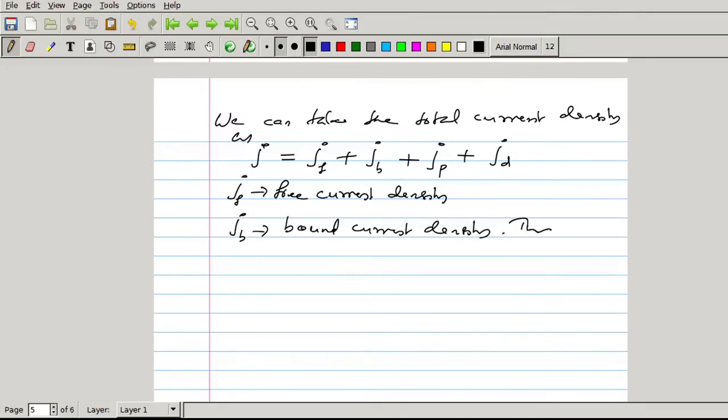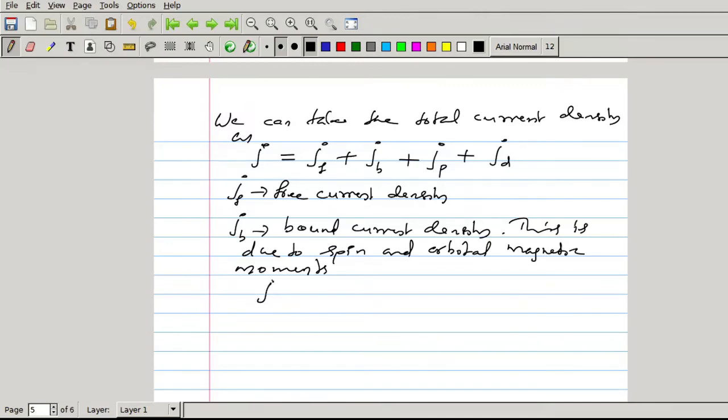This is due to the magnetic moments, the spin and orbital magnetic moments of the system.